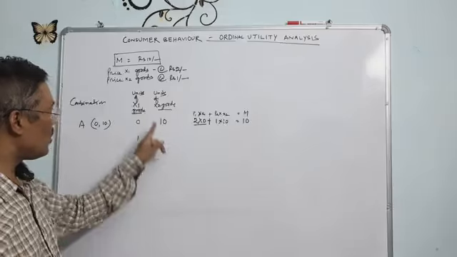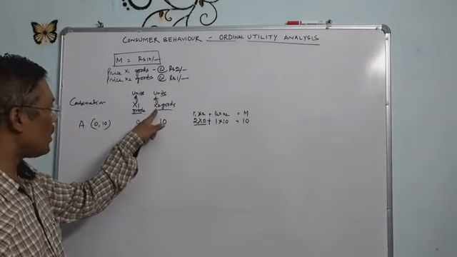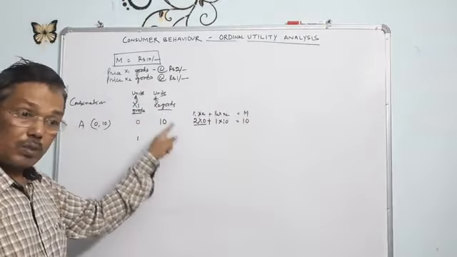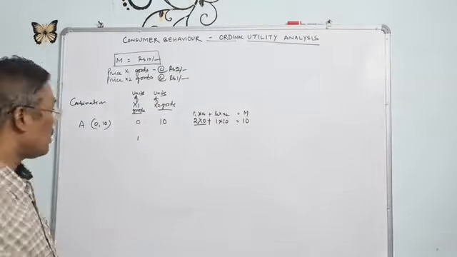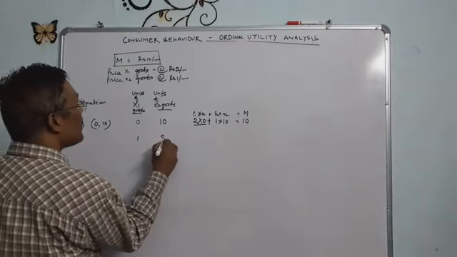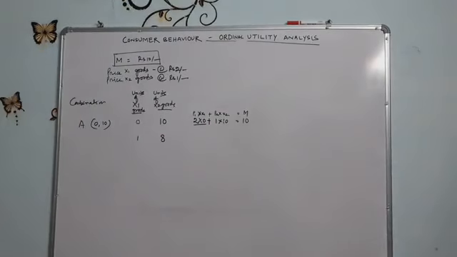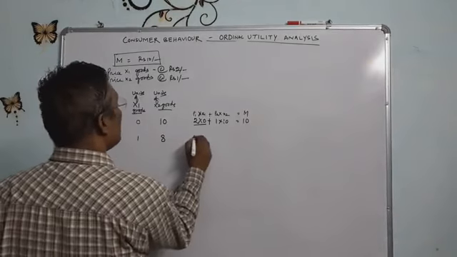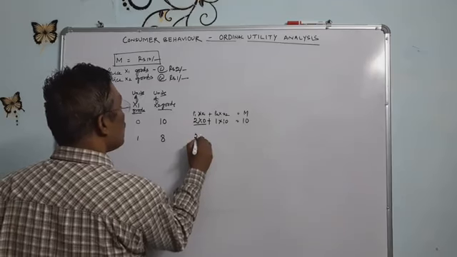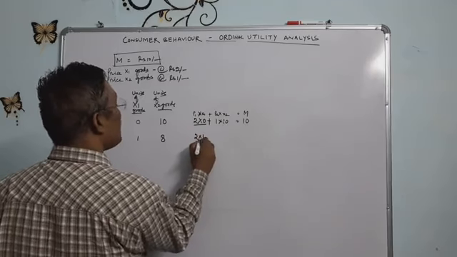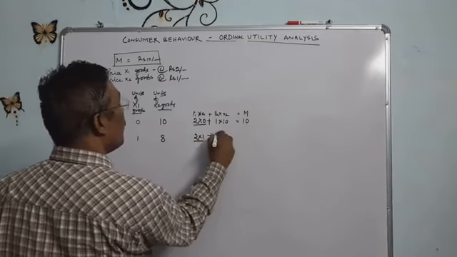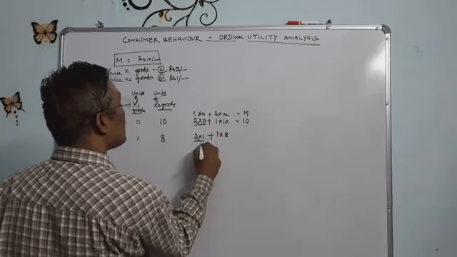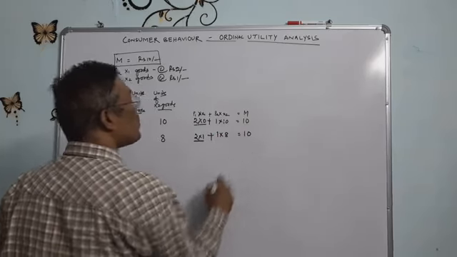The remaining 8 rupees will be spent on good X2, which means 8 units of X2. So in this case, price 2 into 1 unit, 2 rupees already spent, plus 1 rupee into 8, equal to 10 rupees.